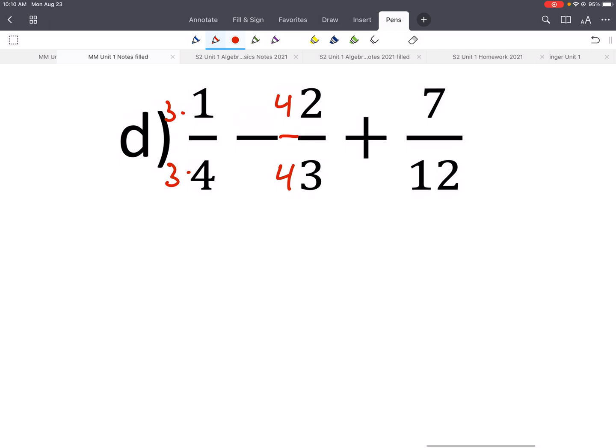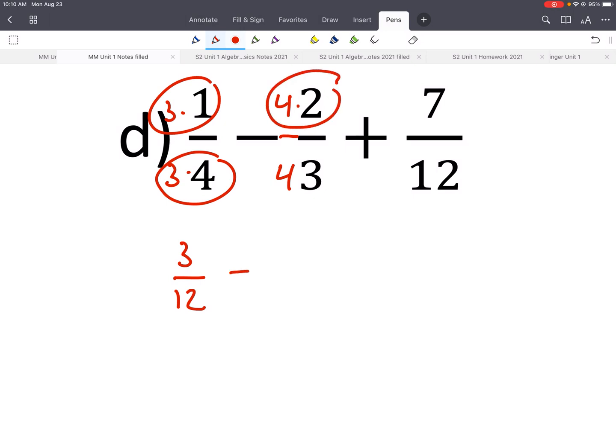And then we multiply, right? So 3 times 1 is 3. 3 times 4 is 12. And then 4 times 2 is 8. And on the bottom is also 12. And then we have plus 7/12. So we have the same common denominator. Now we can just add or subtract those numerators. So 3 minus 8.